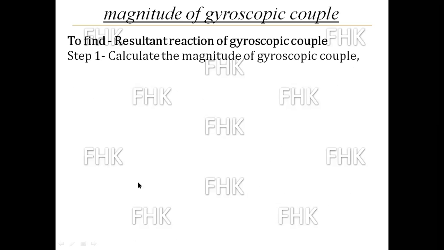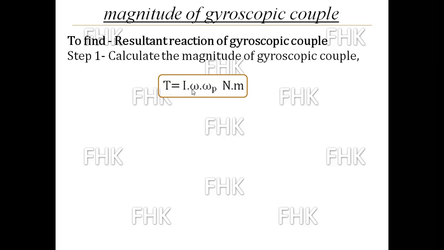Now the first step is to calculate the magnitude of gyroscopic couple. As we learned in the previous session, the formula to find the torque or magnitude of gyroscopic couple is I omega into omega p in Newton meter. We have already converted all the lengths given in mm into meter.